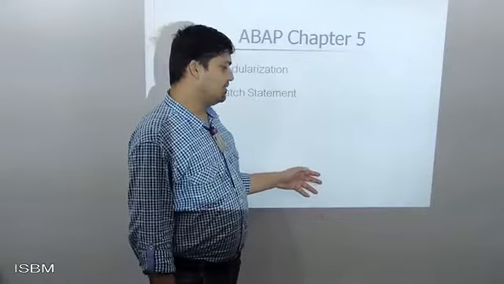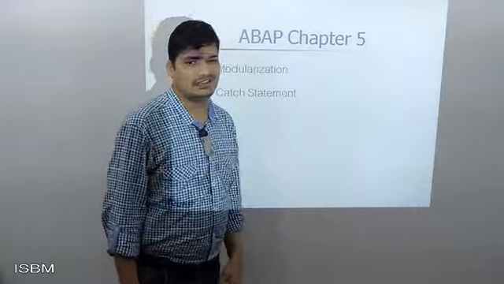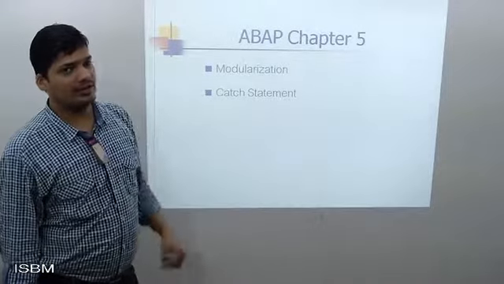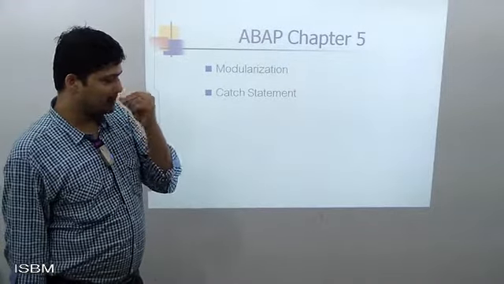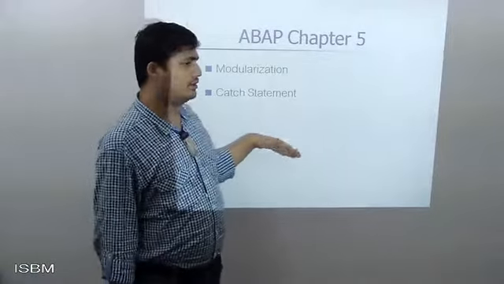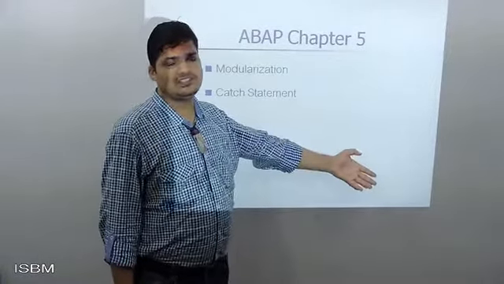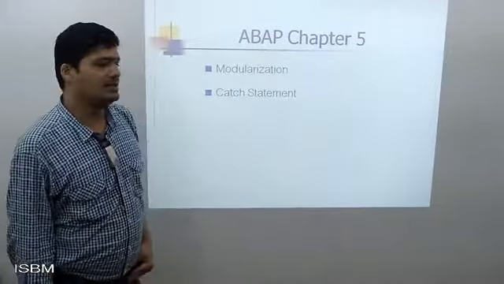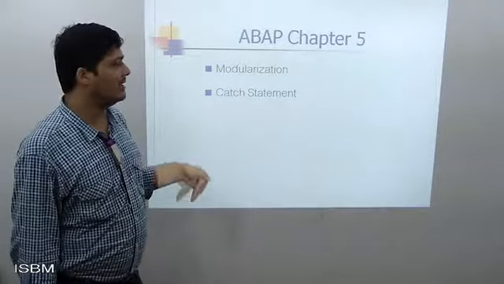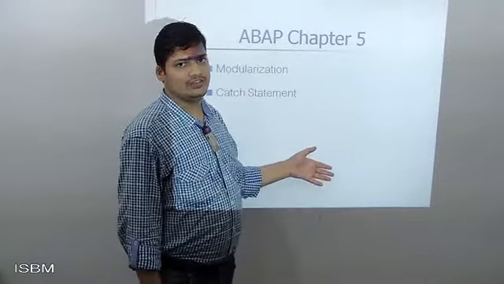Suppose you have printed a ticket and the cost of the ticket is $100, but the user wants it in rupees. SAP will easily convert $100 directly to rupees, which comes to around 6,500 or 6,700 rupees according to the current rate of the dollar that day.